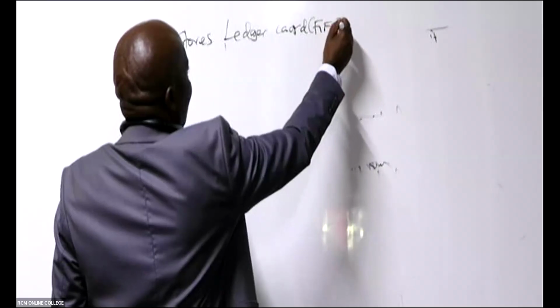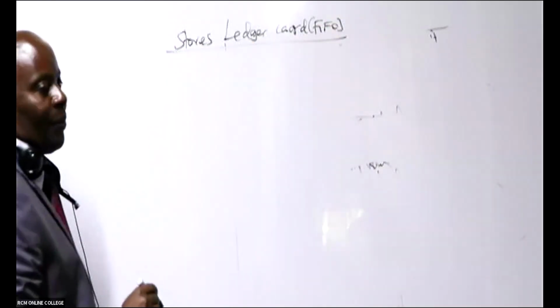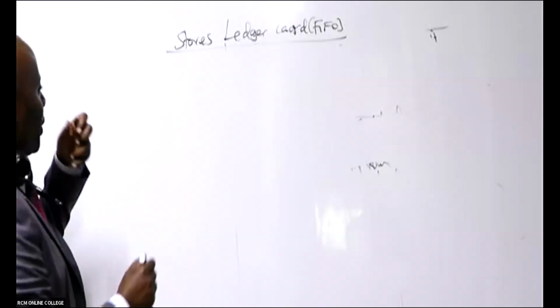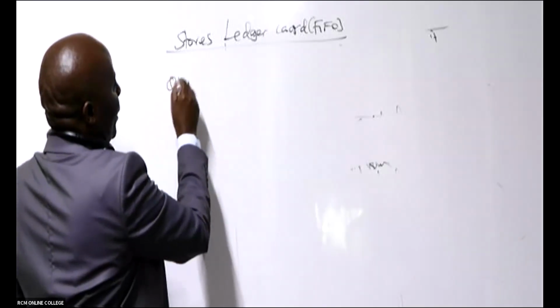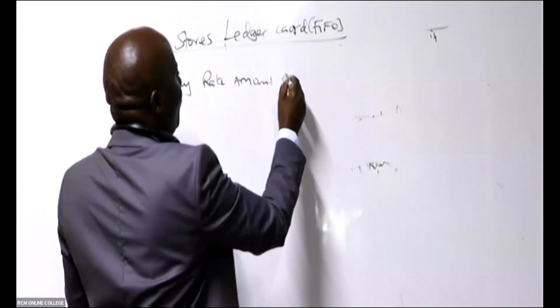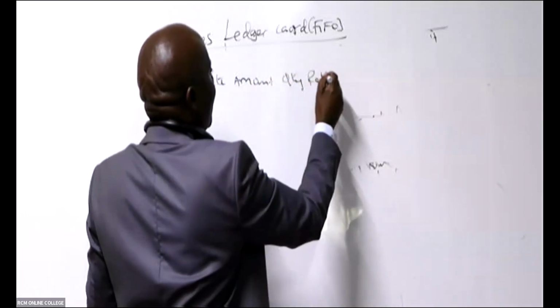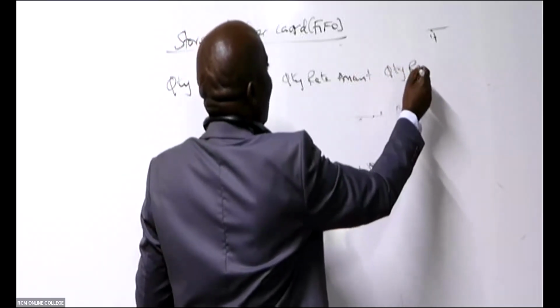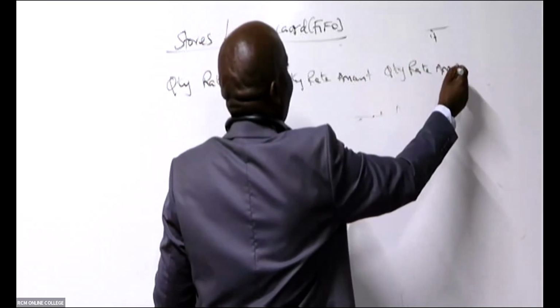First in, first out. You skip a line, always. Once you skip a line, you write here quantity, rate, amount.